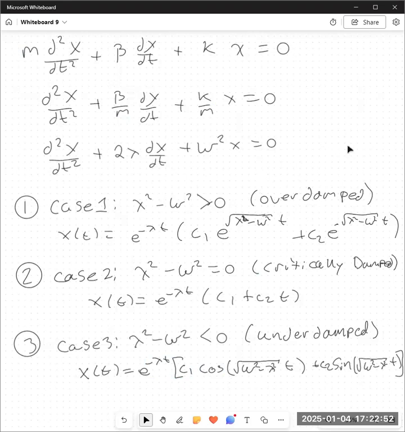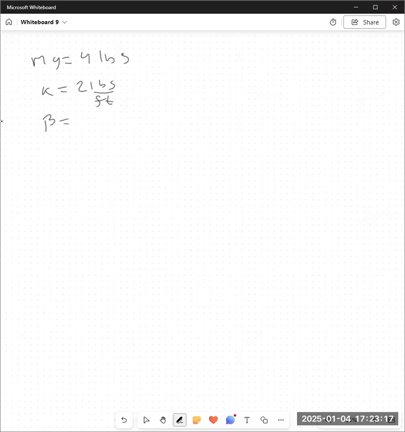So let's go ahead and get started, starting with number 25 here. And it says a mass weighing 4 pounds is attached to a spring whose spring constant k is 2 pounds per foot, and the medium offers a damping force that is numerically equivalent to the instantaneous velocity.